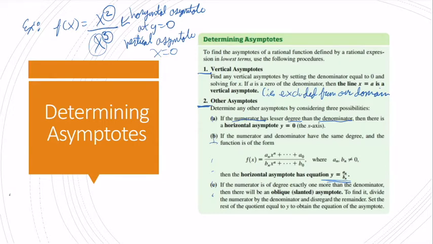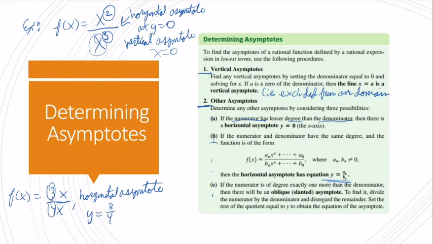So let's just look at f of x equals 3x over 4x. Because they have the same degree, I have a horizontal asymptote at y equals 3 over 4. So y equals 3/4 would give us a horizontal asymptote.